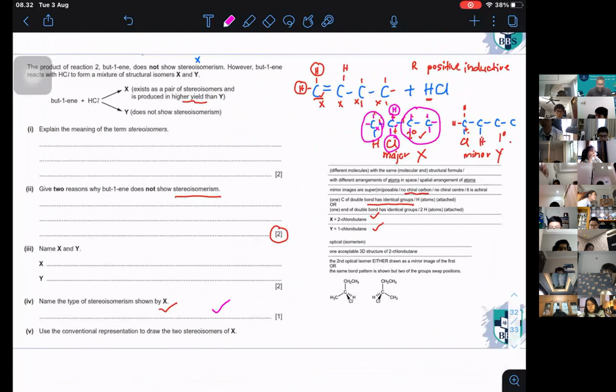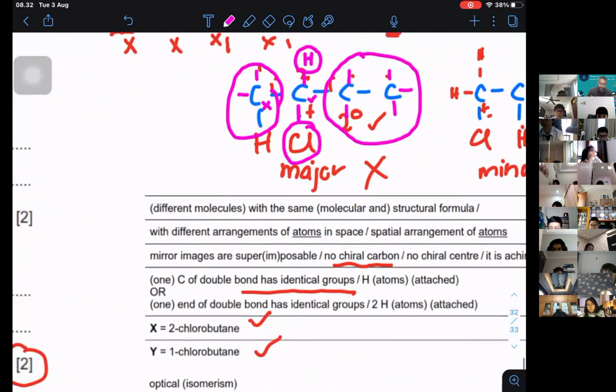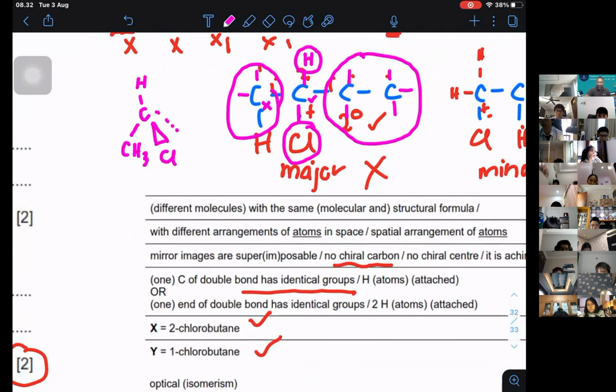Use conventional representation to draw. So if we just use this, how do we draw? Chiral center first. At the top is hydrogen. We just put lines, 2 lines. Then you can write CH3. This one you put like this. This is going to be Cl, and you put a dotted line showing that they are behind. So this one is C2H5.